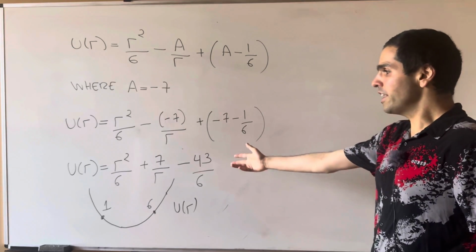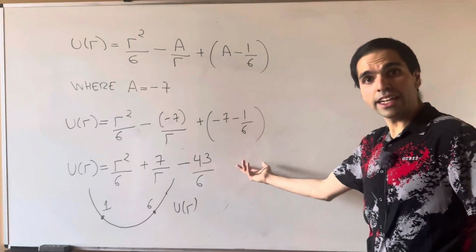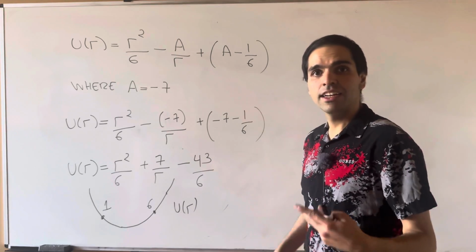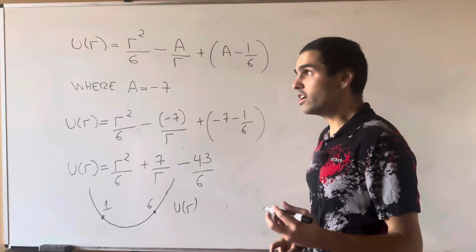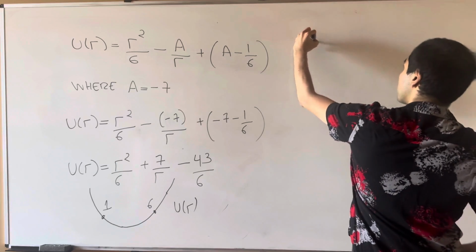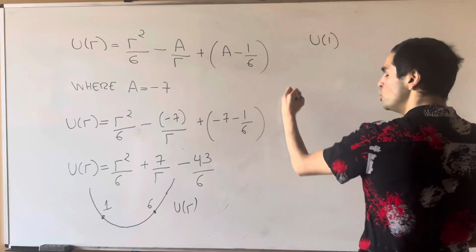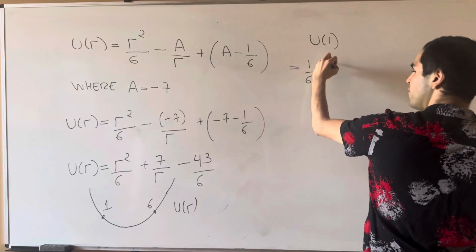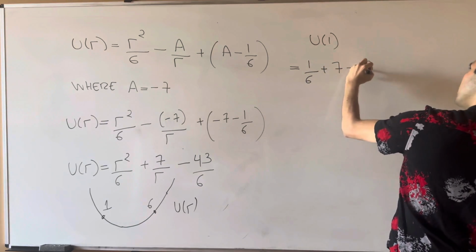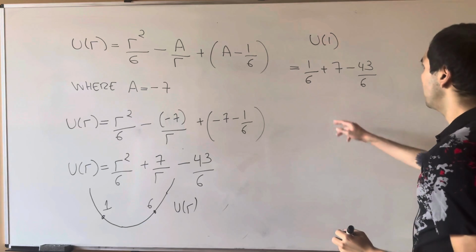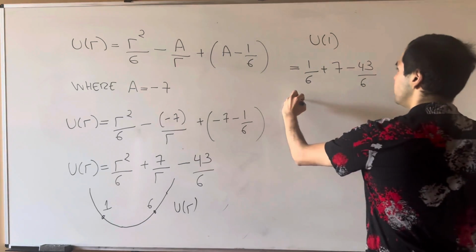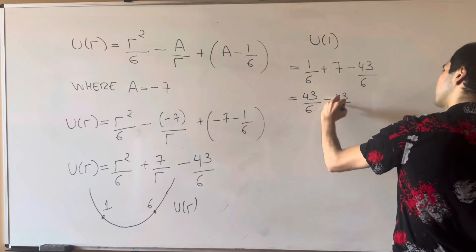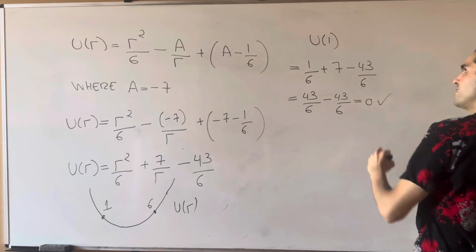Now, the cool thing is, if you want, you can check that it solves the ODE, but just as a sanity check, let's see if the boundary conditions are satisfied. So in this case, u of 1 is 1/6 plus 7 minus 43/6. And that becomes, in this case, 43/6 minus 43/6, which is in fact 0.